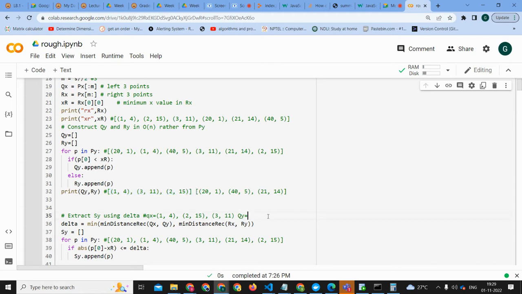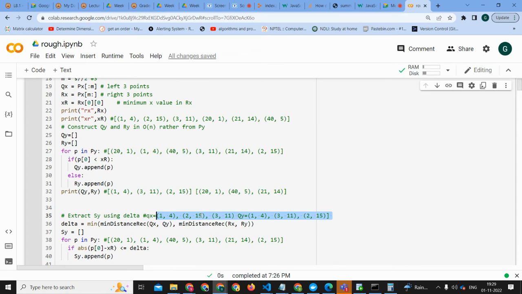Let's visualize this. We have QY, and then that. So what have we done? We have all the points, and we are calling minimum distance recursively. This is based on the x-axis and this is based on the y-axis.